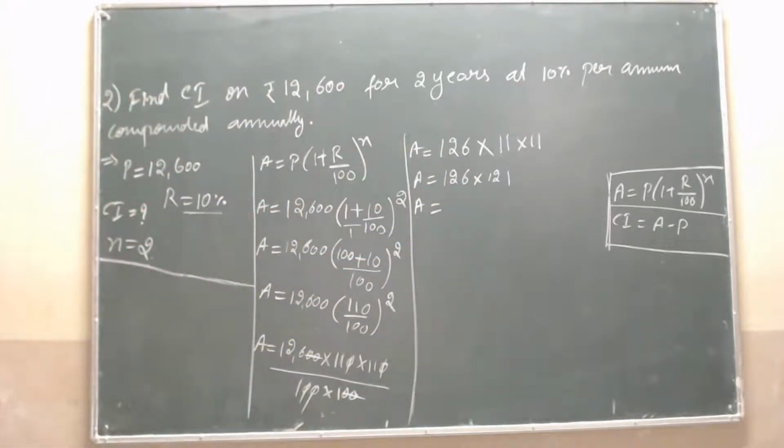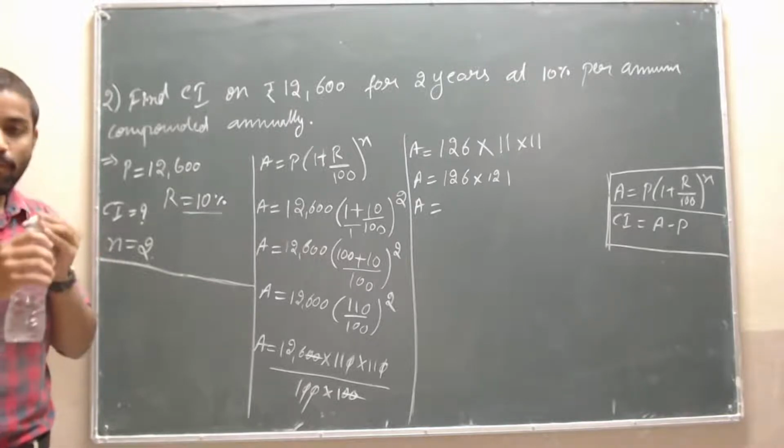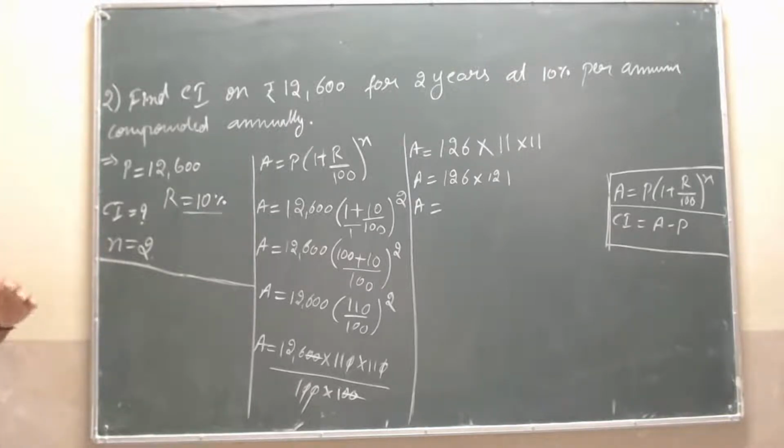What is that amount, students? Just tell me. 126 into 121. Yes, 15,246. Very good, students.